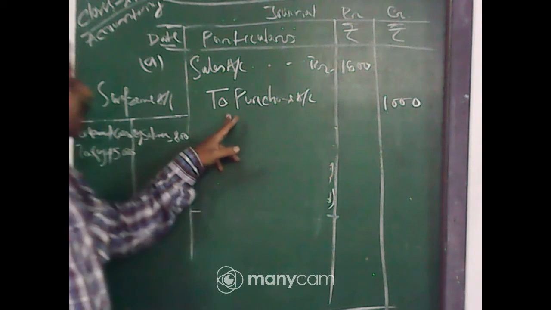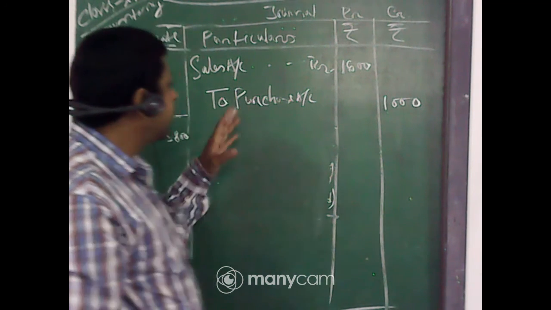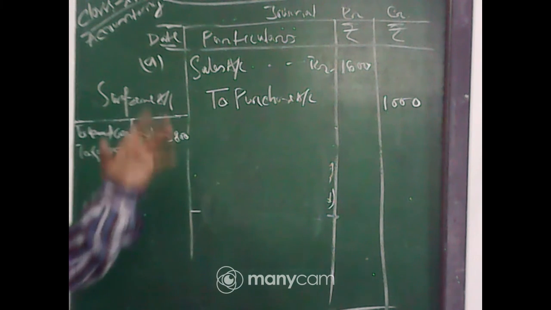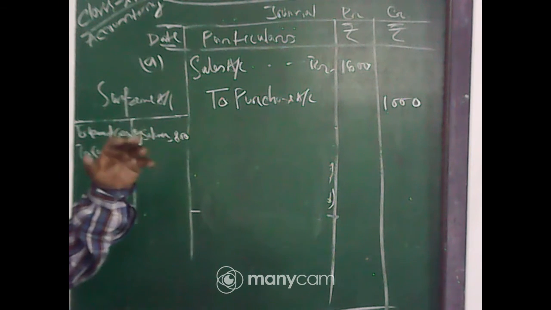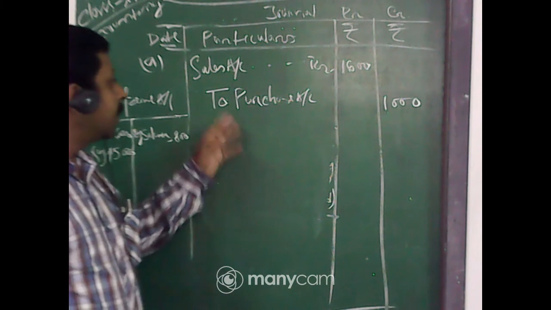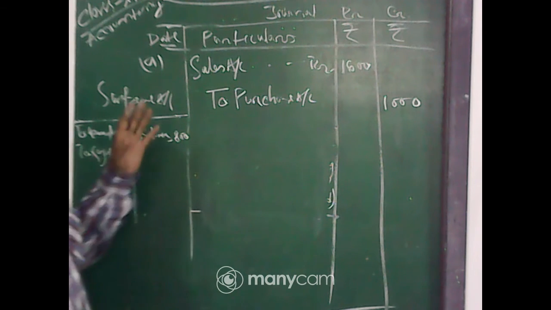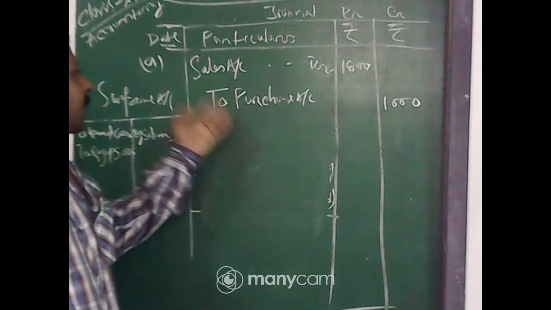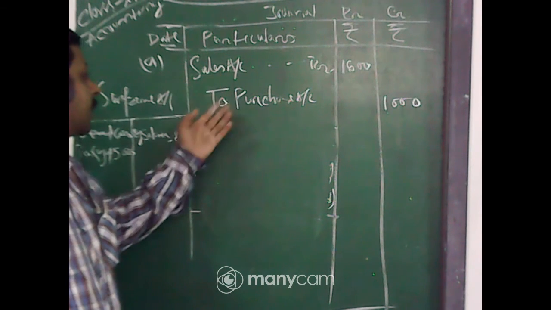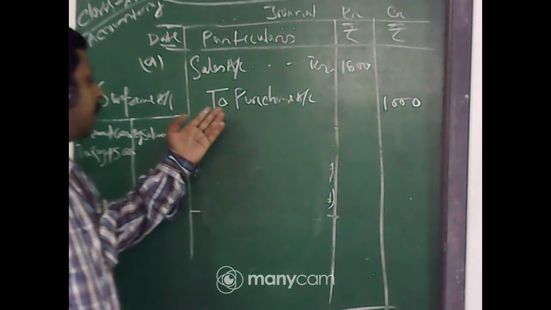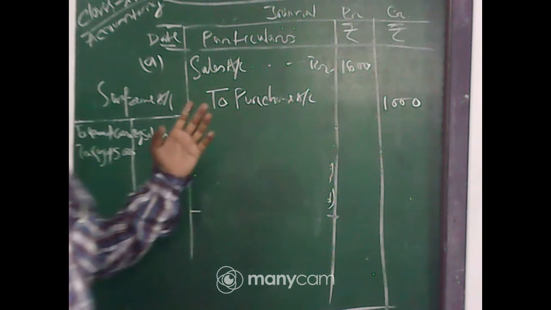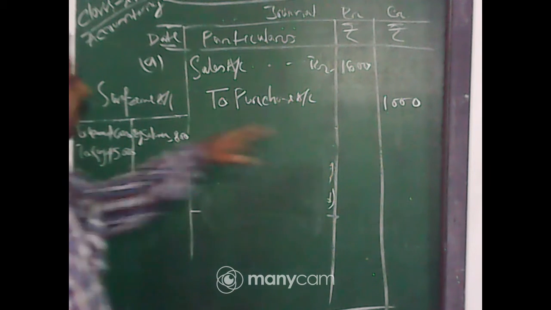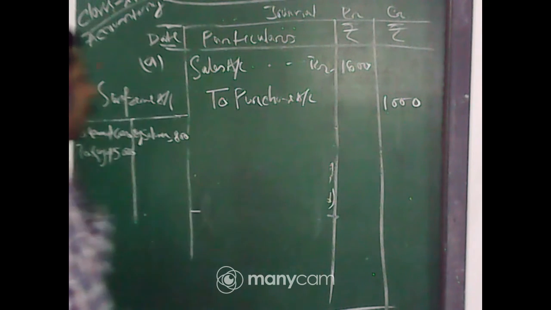In the wrong entry and the right entry, the purchase should be credited, but in the wrong entry they actually credited the sales account. That's why we debited the sales account, but we just credited the purchase account here in the rectification entry because it is actually to be credited, but the amount is 1000. This is the right amount.